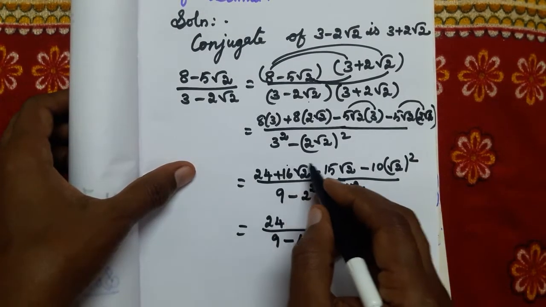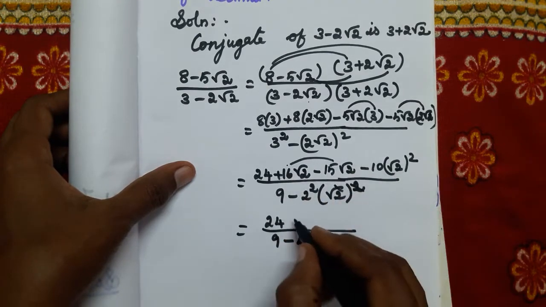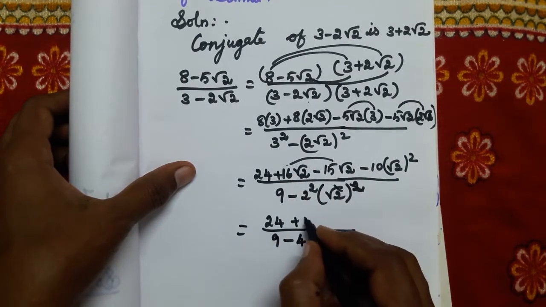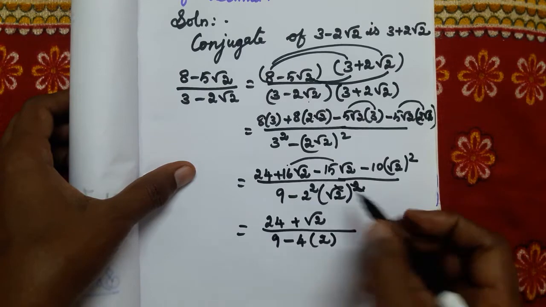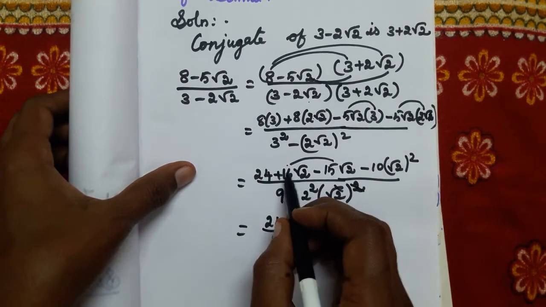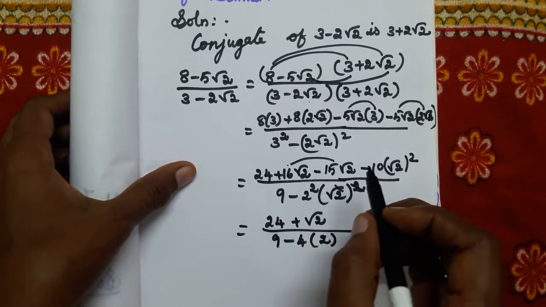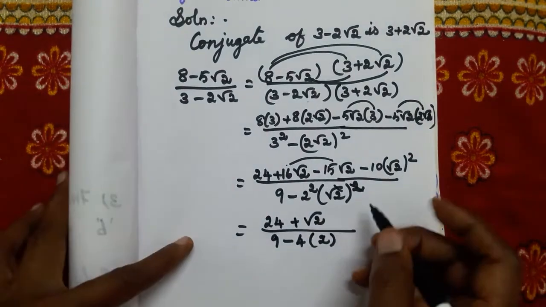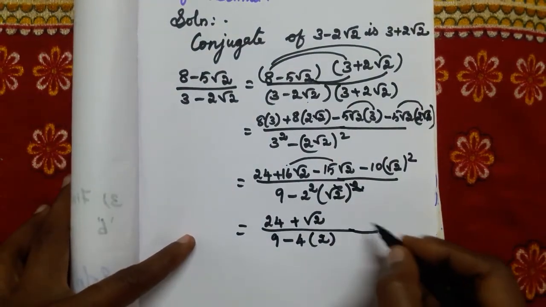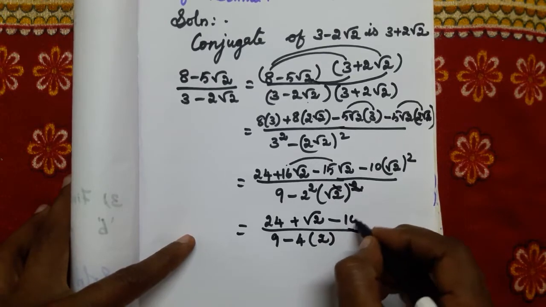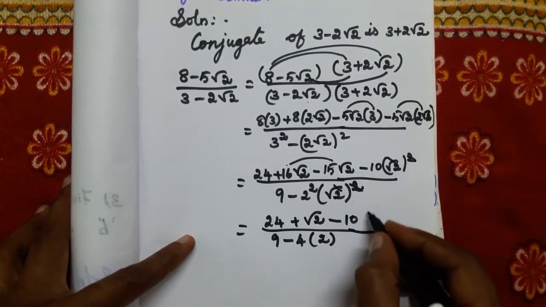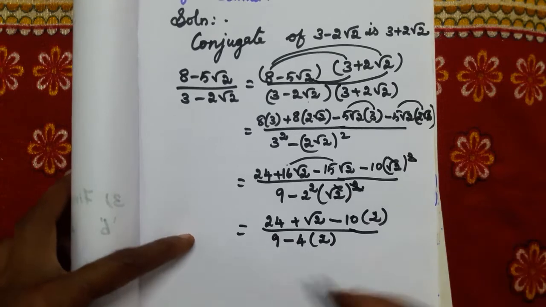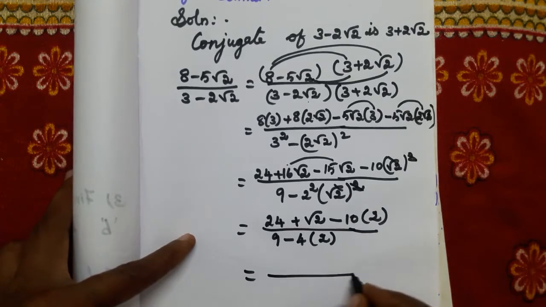Next 16 root 2 minus 15 root 2 means 1 root 2, that is we can write as root 2. Minus 10 into root 2 the whole square, which is 2. So what's the denominator? 9 minus 4 2s are 8.